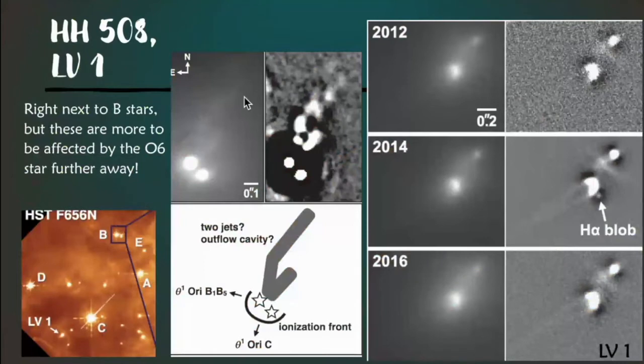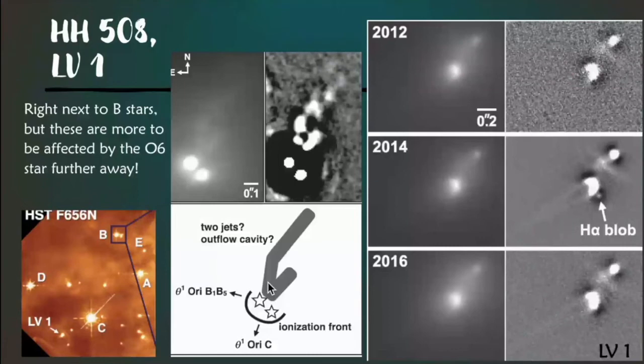In the middle panel, that will show you where B is. I don't know if you can actually see my pointer, probably cannot. So there are two sources, and this tail direction shows a weird morphology. It's right next to the B star, but it's still a lot more vectored.